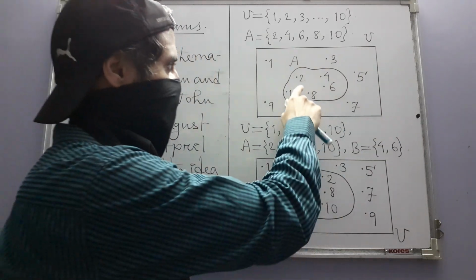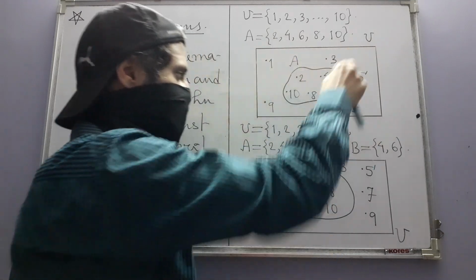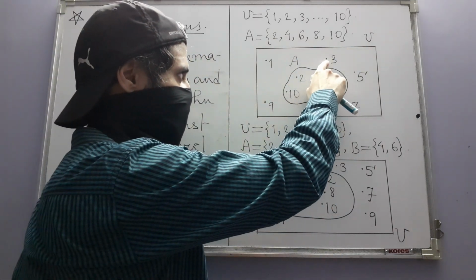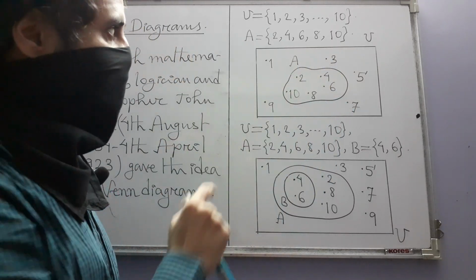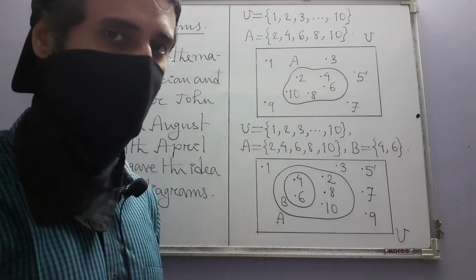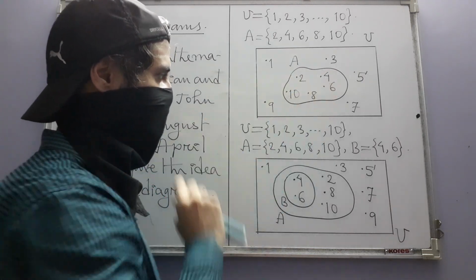That's because besides being elements of A, they are also elements of U. However, that is not the case with this element, say 3. 3 is an element in U, but 3 is not an element in A because 3 is odd. Okay, so that's how we pictorially represent sets.